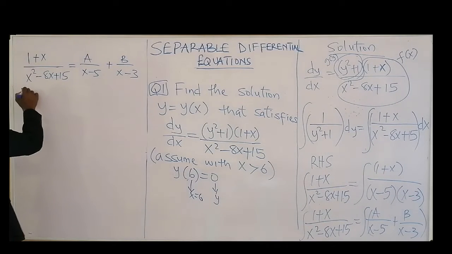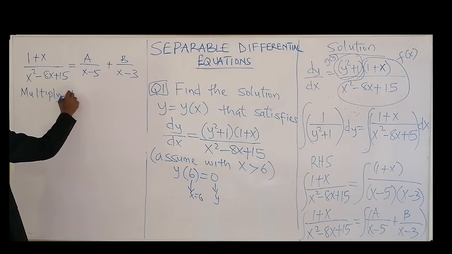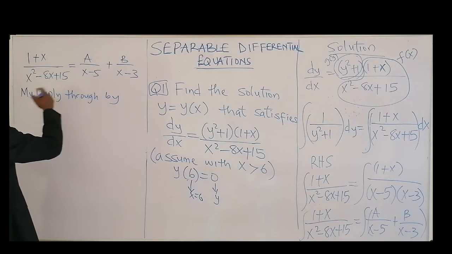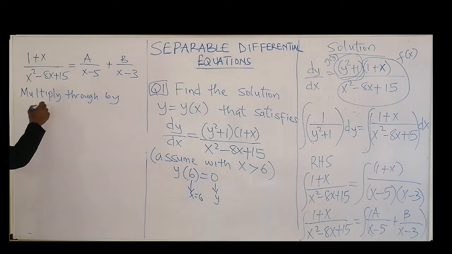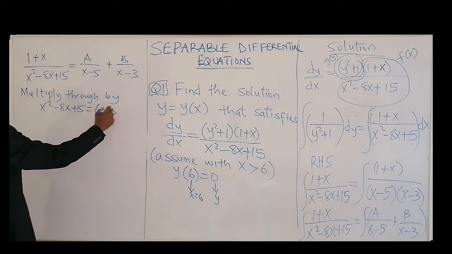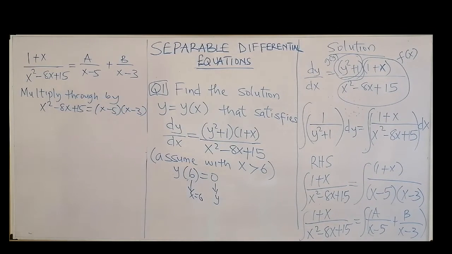So the next thing you do is to multiply through by the common factor. That's x squared minus 8x plus 15, which is the same thing as (x minus 5) into bracket (x minus 3). So multiply through the equation by that common factor.